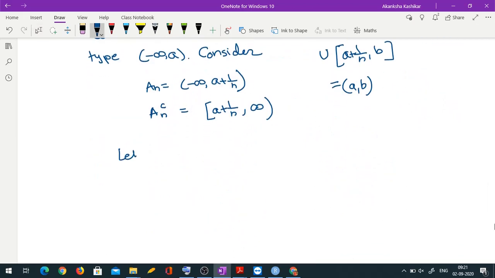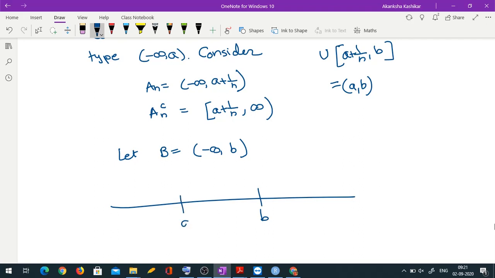And let B be minus infinity to B. So this is B, this is A. So B is something like this, set till here. Now A_n complement is something like this. So intersection of A_n complement with B would be this portion.